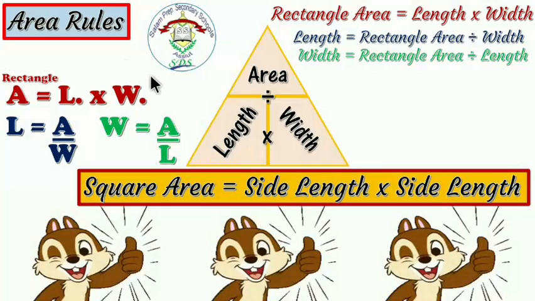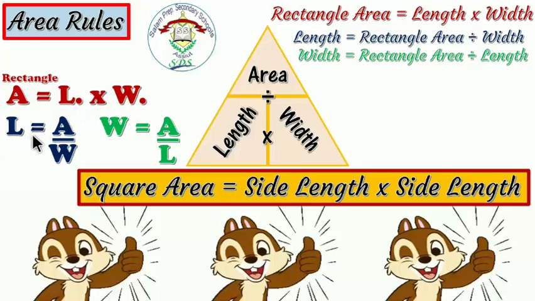You can write the rule of rectangle area in shortened form like that. We can shorten area with the letter A. Area of rectangle equals length times width.